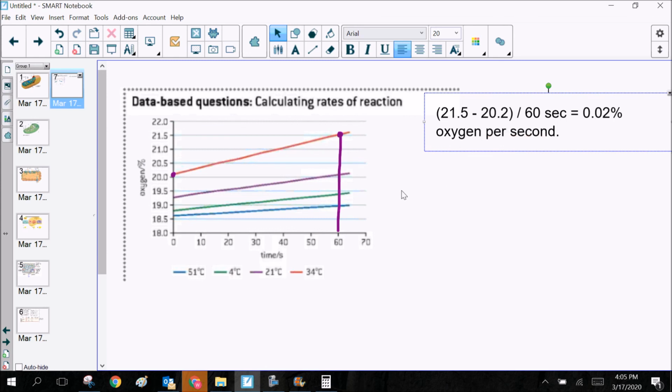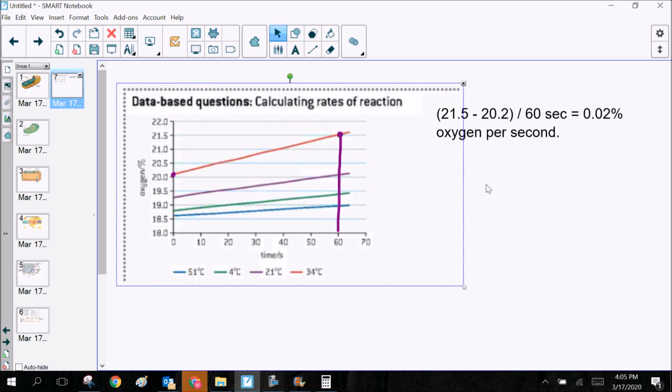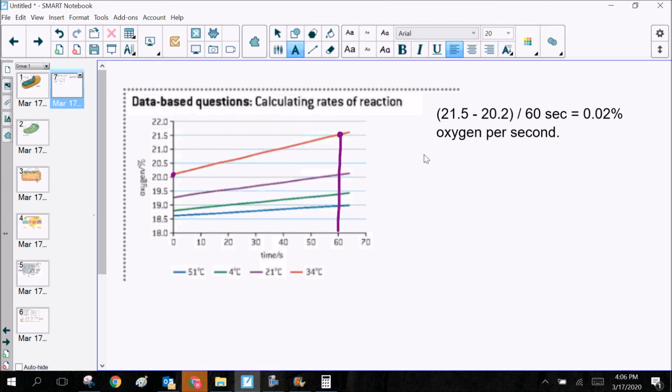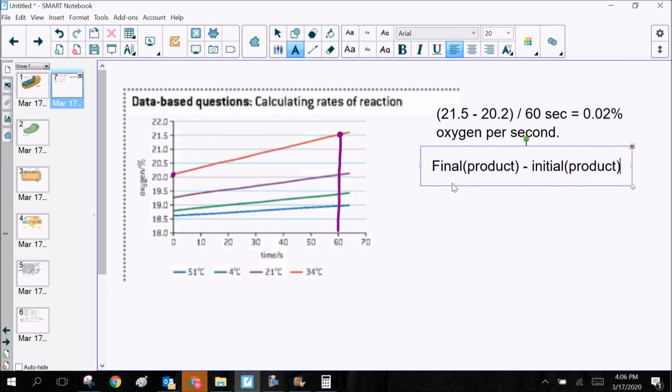So that's our reaction rate. And we can calculate the reaction rates of all the rest of these down here. I'll go ahead and type up the formula for reaction rate, just so you can remember it. It is the final product minus initial product, divided by your time.